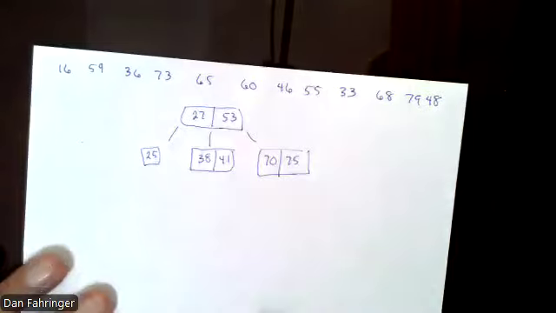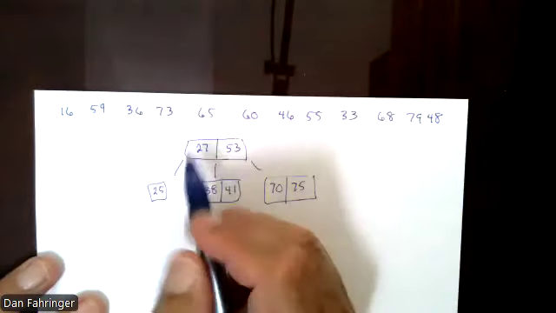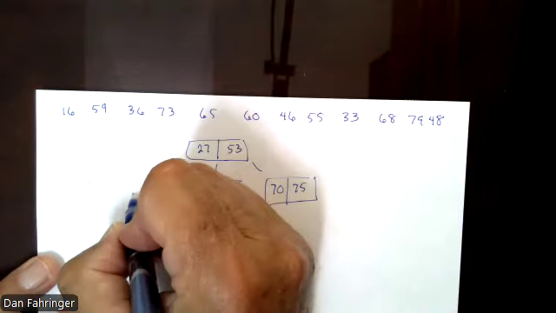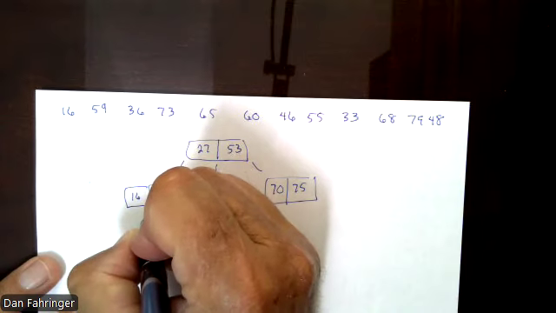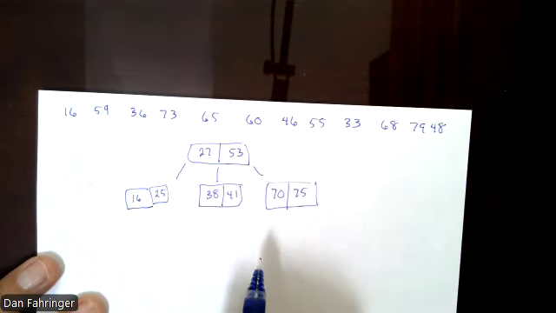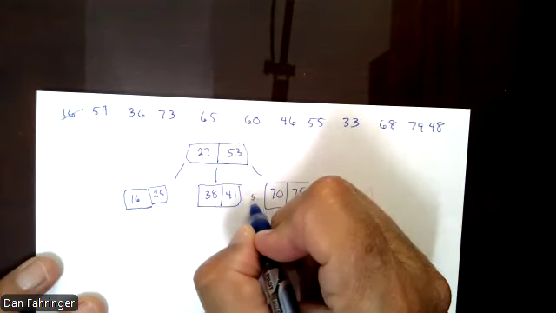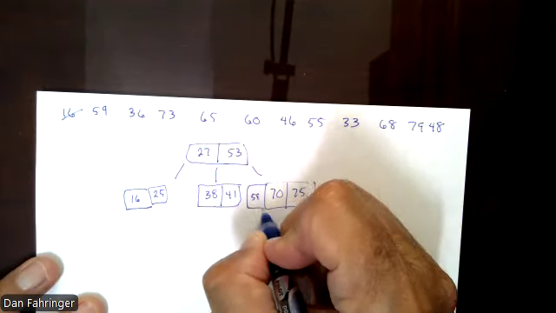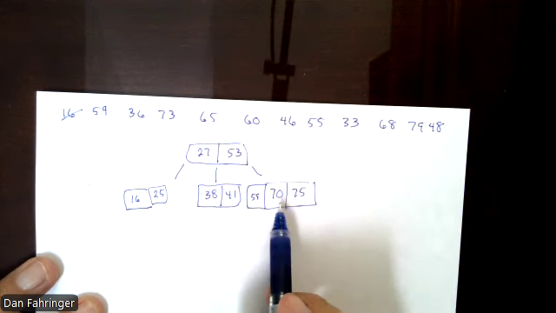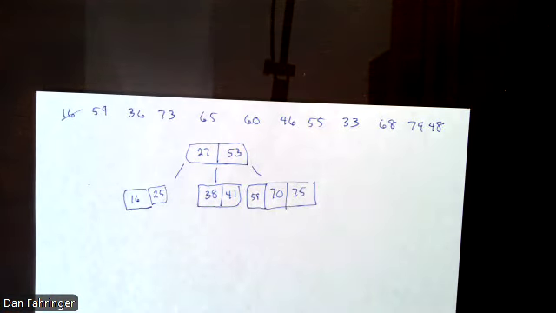All righty. The next number I'm going to add is 16 from the bottom up. 16 is going to go there. I'm going to add 59. 59 is going to get added into this node. 70 and 75 are going to be pushed over.